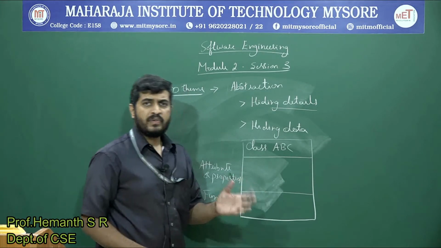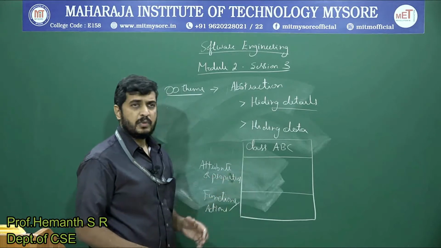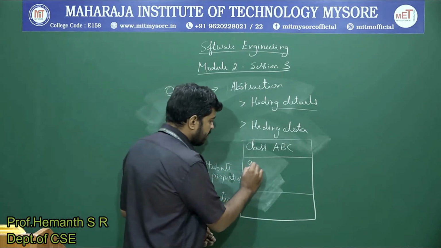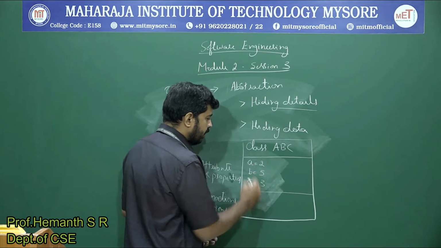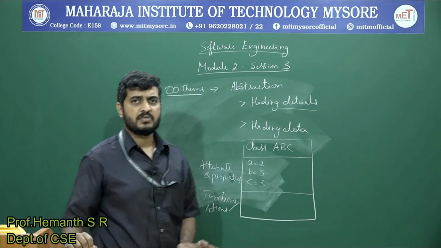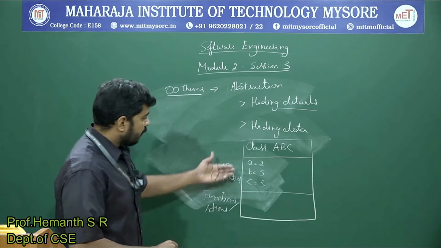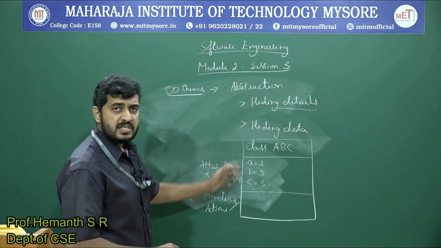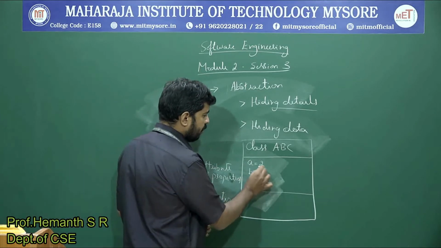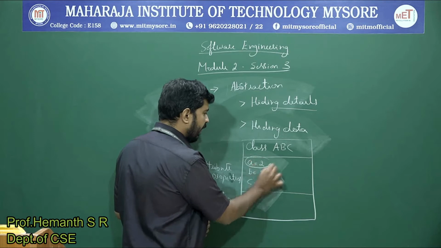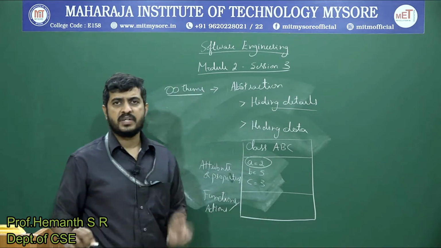Now consider I have a few values within this class ABC. For example, A equal to 2, B equal to 5, C equal to 3. This example is just for demonstration purpose. Three variables are there, A, B, C. Now assume that I do not want to show A equal to 2 to the stakeholder.